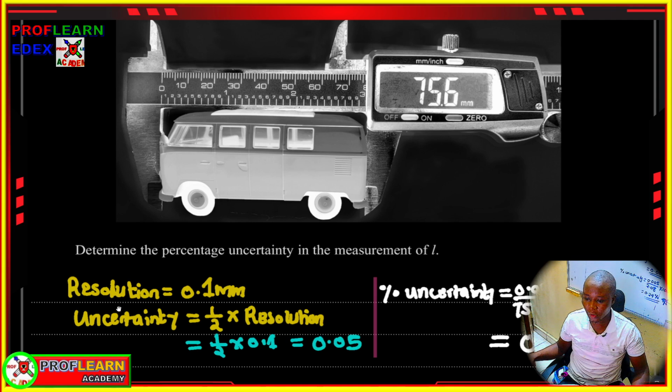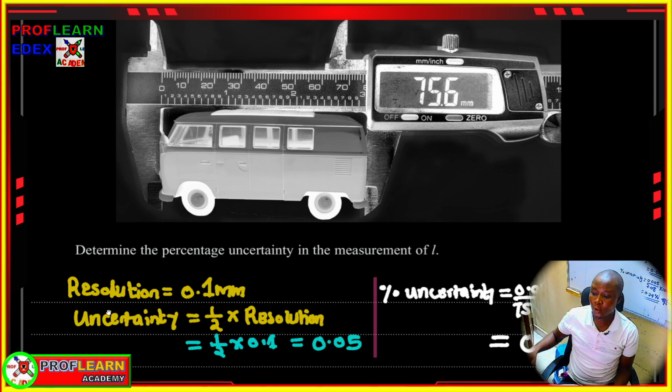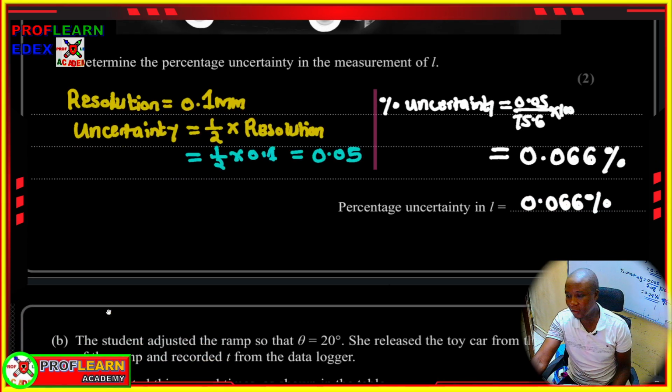Once we have the resolution, we can get the uncertainty, and we know that uncertainty is equal to a half of the resolution. So in this case, our uncertainty is a half times 0.1, which becomes 0.05. Then to work out the percentage uncertainty, we say 0.05 divided by the measurement, which was 75.6, times 100, and that becomes 0.066%.